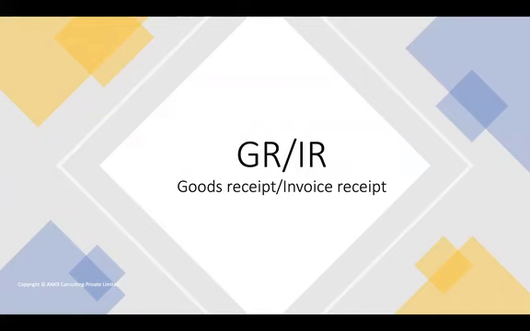Now the next step which we have is the goods receipt or invoice receipt, GRIR. Very important step, which happens normally when the goods are received at the warehouse. So again, as an invoice processing team, you will use PO, you will use GRIR, but you will not make PO or make GRIR, right?